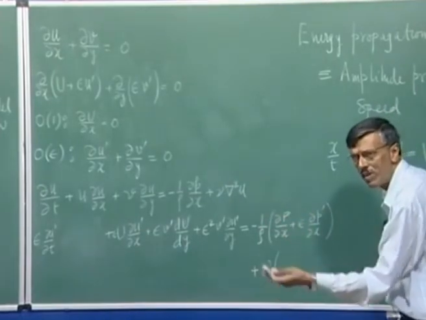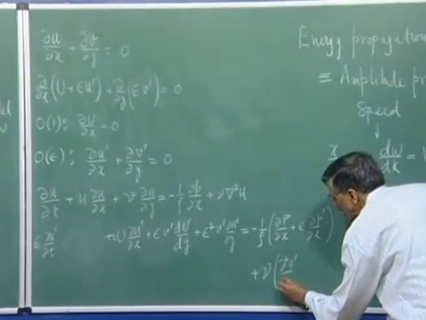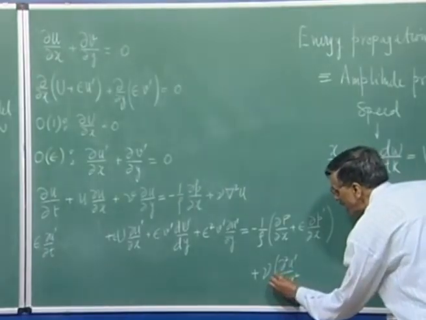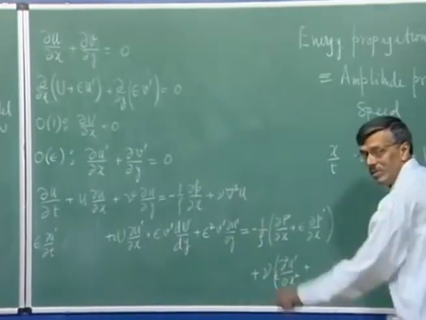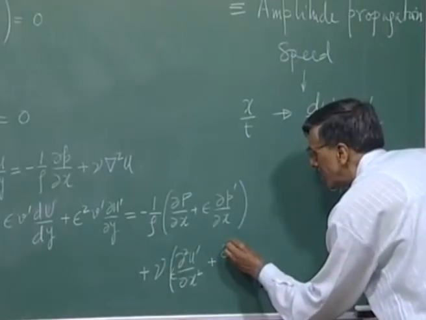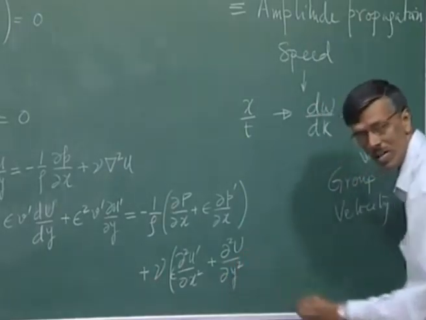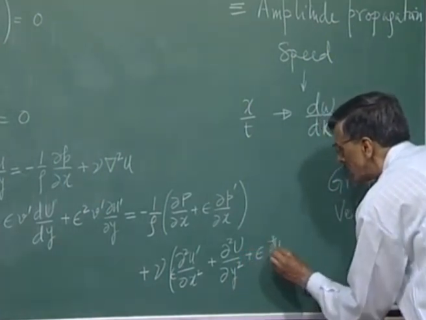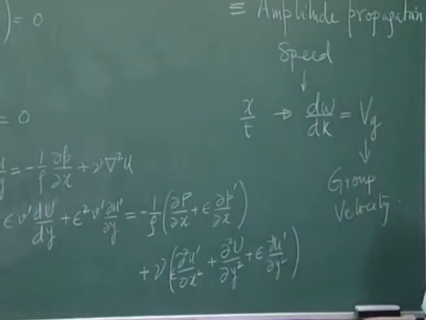For the mean flow, it is not a function of x, so there I will not get anything, but I will get this kind of term, right, and that is multiplied by an epsilon. Okay. What about the y derivative terms? The capital U is a function of y, so we are going to get this plus epsilon del square u prime del y square. So, we have written down everything.